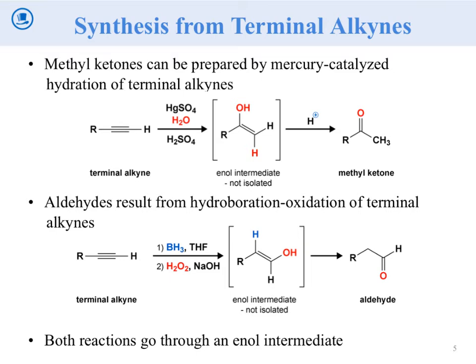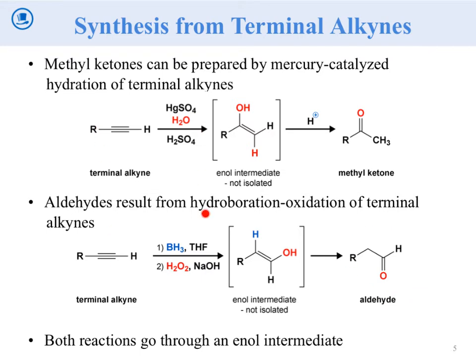Very good. So you do a tautomerization to go from an enol to a ketone. Same thing happens with a terminal alkyne, but now a different reagent, BH3, H2O2, two steps, which of course you know the mechanism for, or you'll look back and figure it out. You get an enol, which again does a tautomerization to get an aldehyde this time.